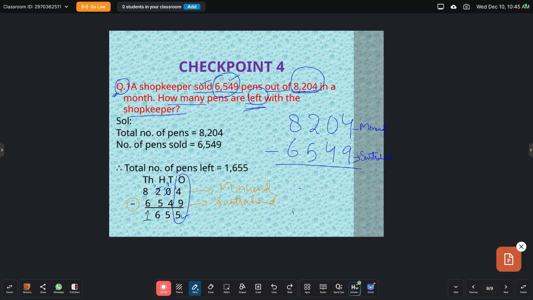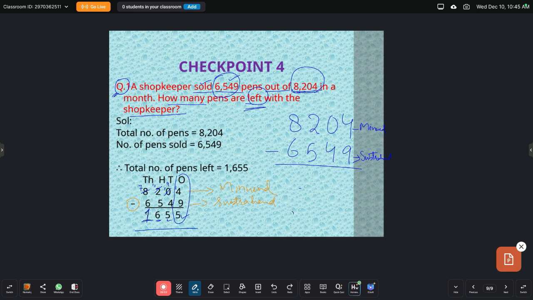Now here move to tens column. Here we have now 9. 9 minus 4 is 5. Here we have now 1. Again we need to borrow. So we will borrow from thousands column. Here we have 8 and this 8 remains only 7. It gives 1 to this 1. It becomes 11. 11 minus 5 is 6 and 7 minus 6 is 1.